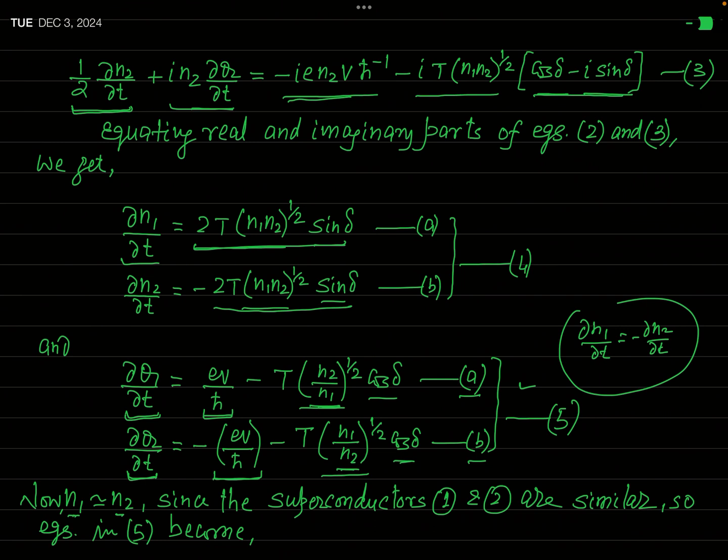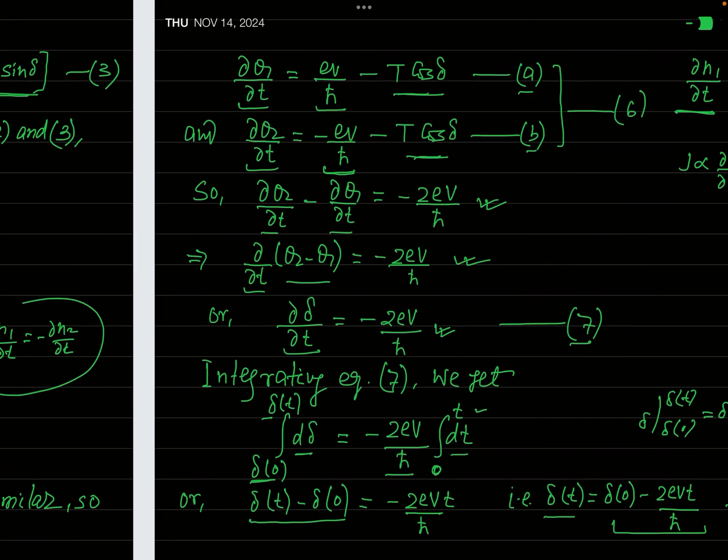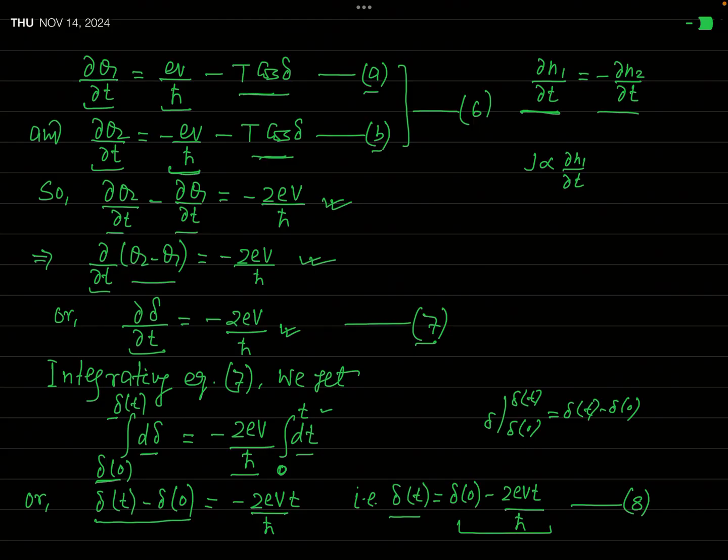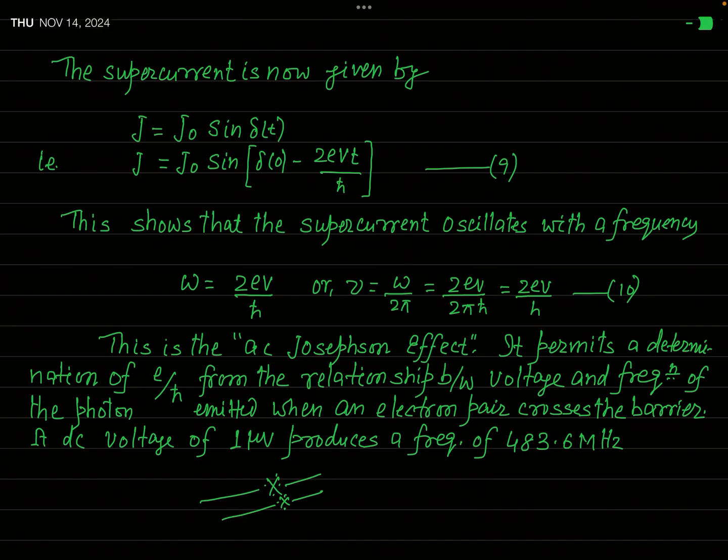If we consider the proportionality constant in which this factor is also included, then the supercurrent can be given as J equal to J naught sine delta of t.